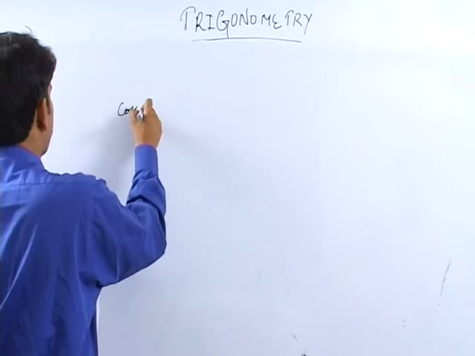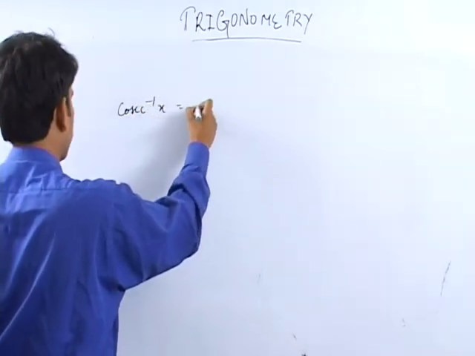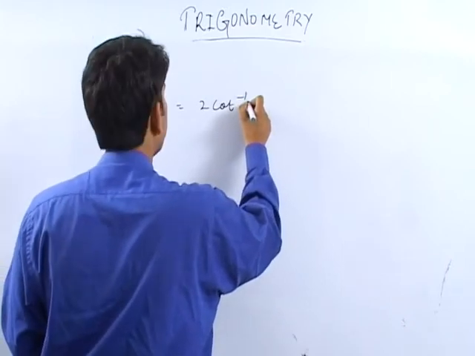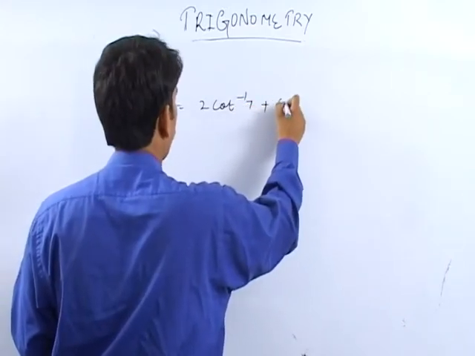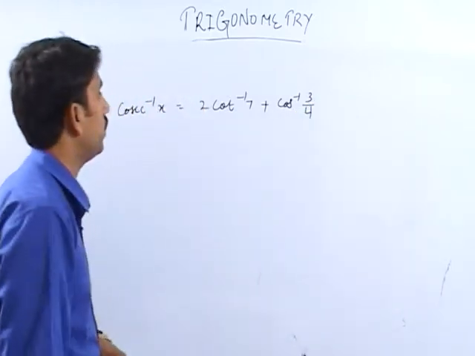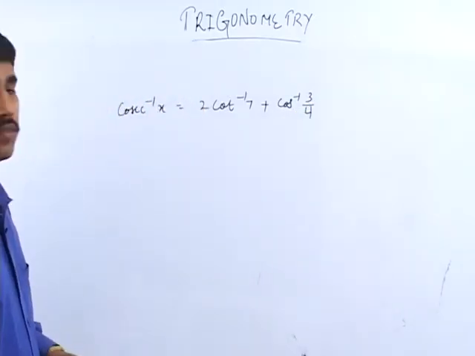If cosecant inverse x is equal to 2 cot inverse 7 plus cos inverse 3 by 4, then what will be the value for x?